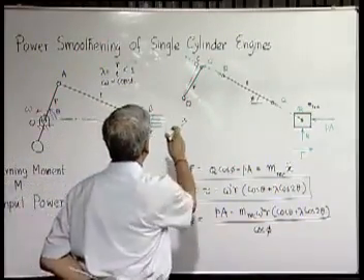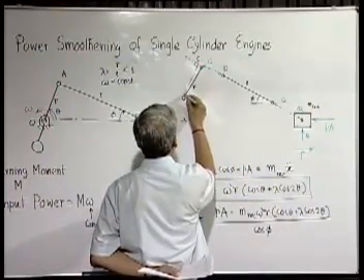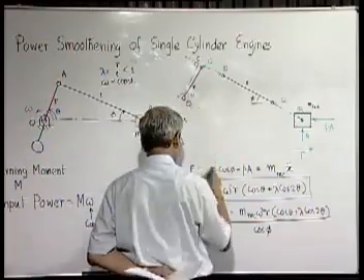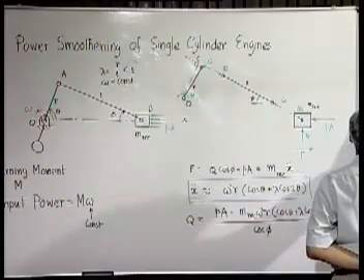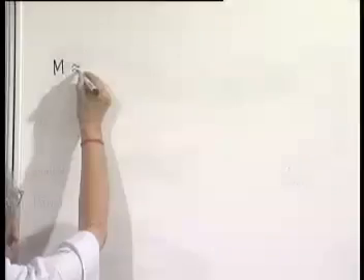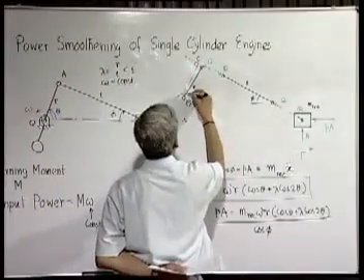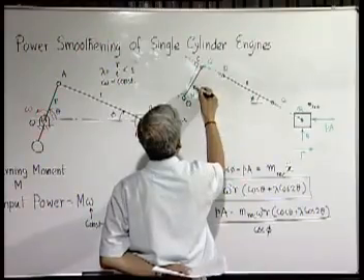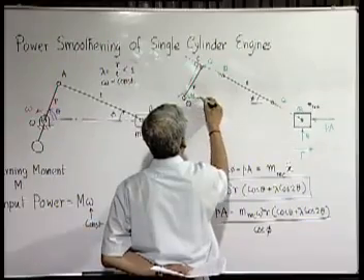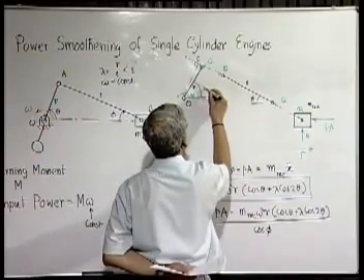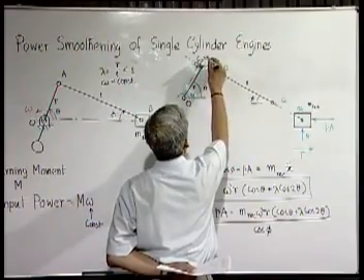Now what will be the moment produced by this force about O? That will be Q into how much is this distance? If you take up this right angle triangle, this angle is theta, and this angle is phi.